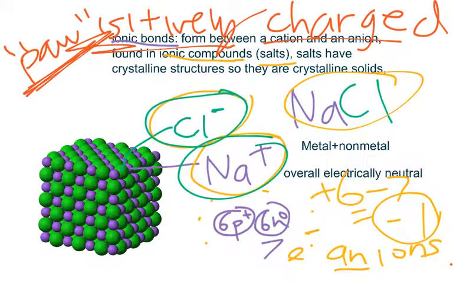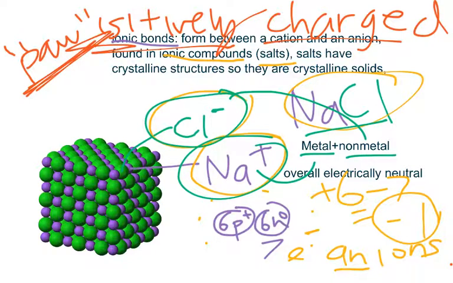So ionic bonds usually form between a metal and a nonmetal. For example, in the case of sodium chloride, sodium is the metal and chloride is the nonmetal. Now, unlike covalent compounds, ionic compounds contain a crystal structure of cations and anions all combined in an orderly fashion.